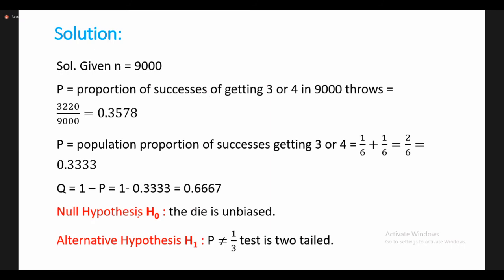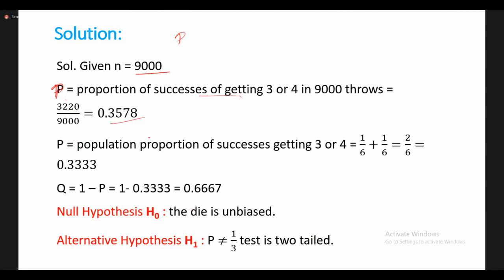Now all of you see the solution part. They gave the sample size. Sample proportion is denoted by small p. Remember, your typing mistakes are there. Small p, sample proportion.